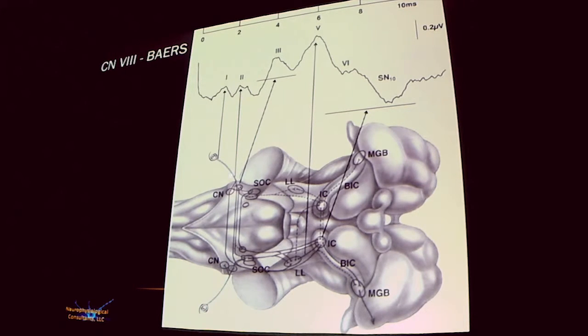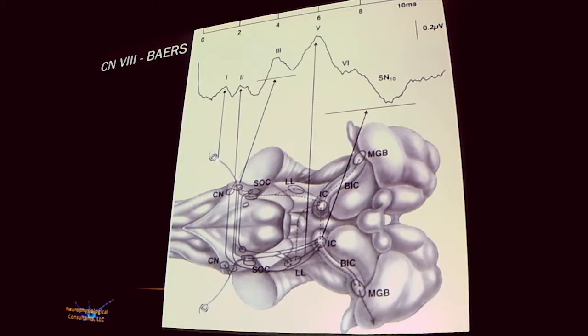Wave 2, they're not really sure where wave 2 is generated. They think it might be maybe more proximal 8th nerve, possibly cochlear nucleus. So somewhere between wave 1 and the cochlear nucleus is where they think wave 2 is occurring.